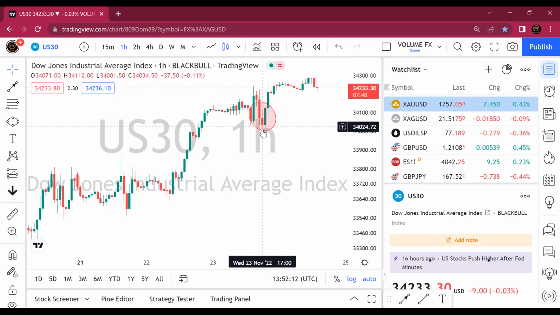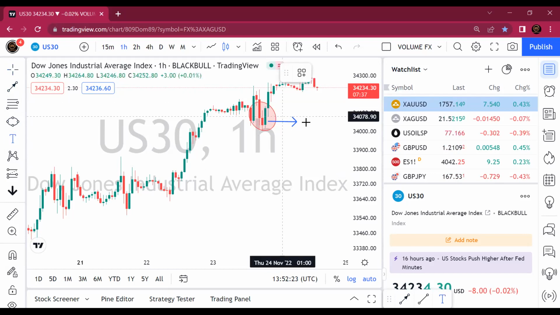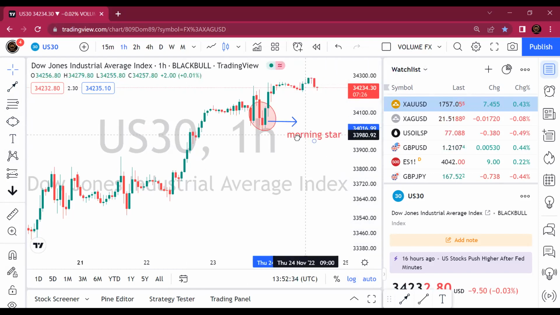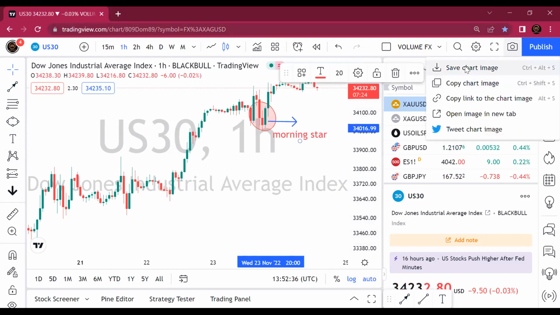Although this one might confuse you because this middle candle looks funny. It does not look like a doji, but that's a morning star. Right there. Although it is not that perfect. Then you save.